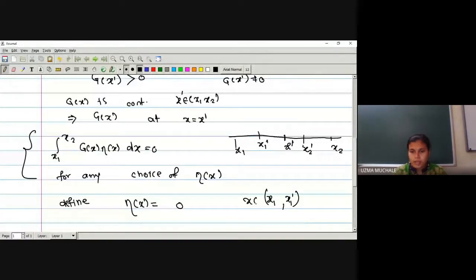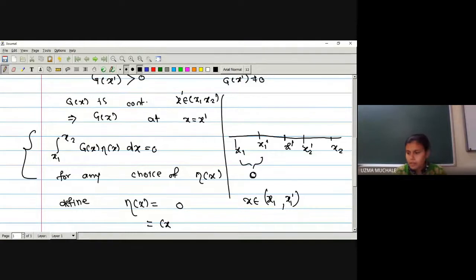So if x is lying between x1 and x1 dash, the value of eta of x we will assume to be 0. Okay, because it is provided that eta of x is any function.